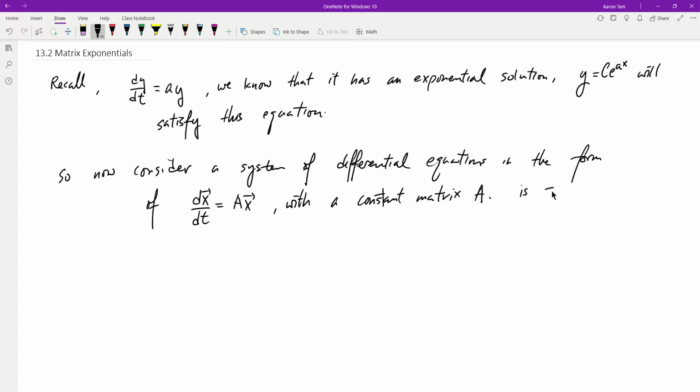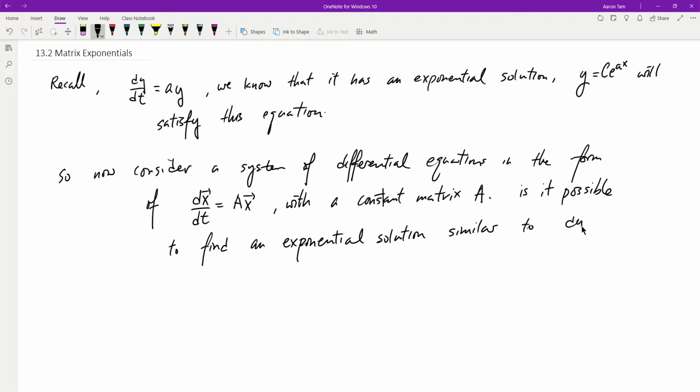So here comes the question. Is it possible to find an exponential solution, similar to dy over dt equal to ay?